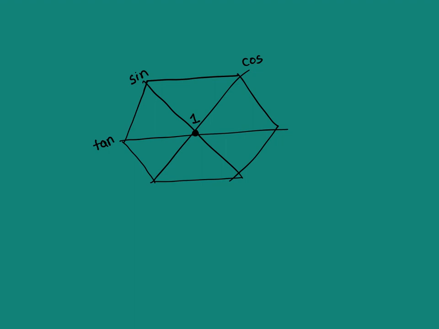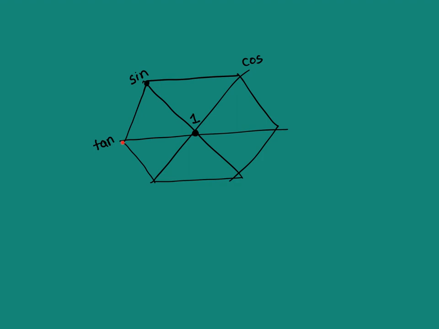And you have to remember that the opposite end of a diagonal would represent the reciprocal of the trig function. So here we have sine over here, right? So opposite to the diagonal is 1 by sine, which is cosec. And here we have cos. So opposite to the diagonal we will have sec.